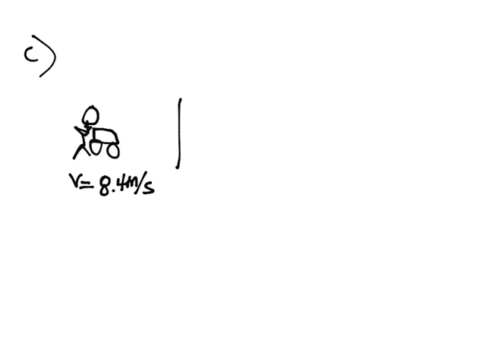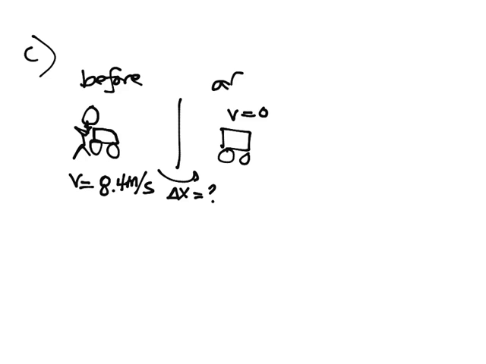We want to know how far she'll get before the carriage totally stops, so the final velocity is 0. We're using this picture as our before, the instant she lets go, and our after picture is the instant the carriage came to a stop.